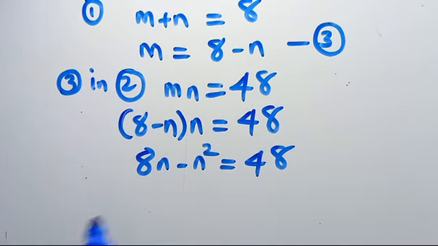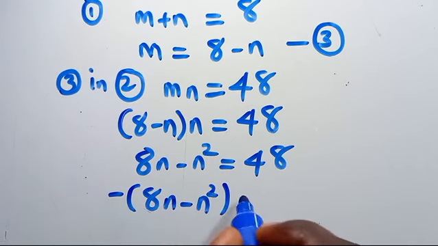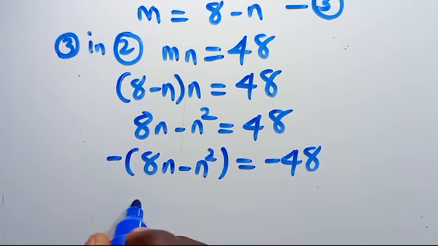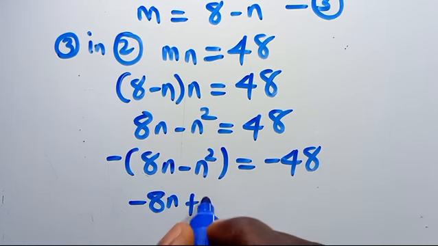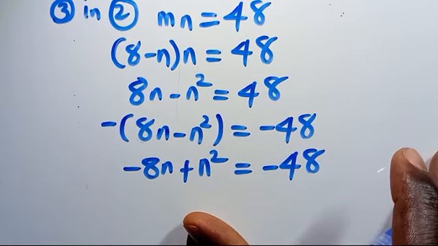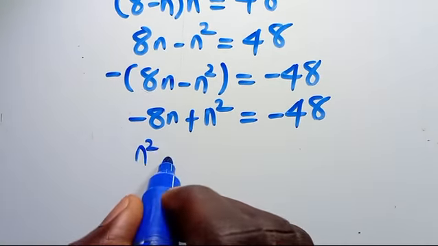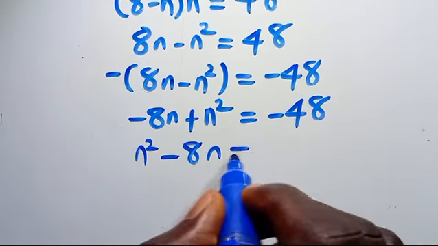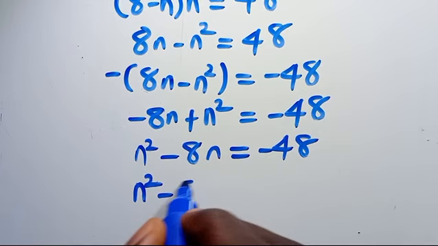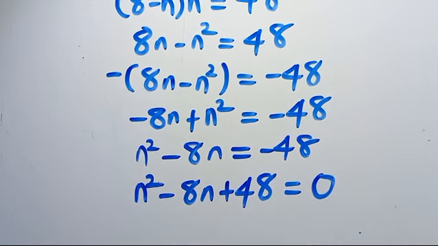Then multiply through by minus, so here will be minus 8n plus n squared equals minus 48. Now, we have n squared minus 8n equals minus 48. So we have n squared minus 8n plus 48 equals 0.